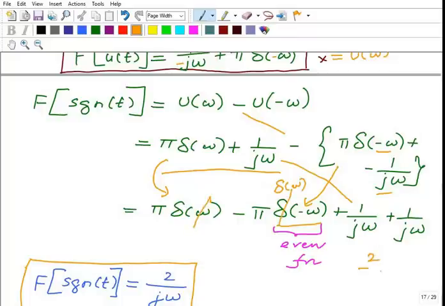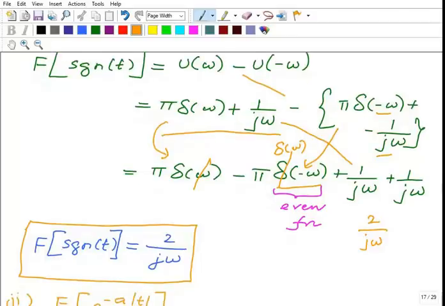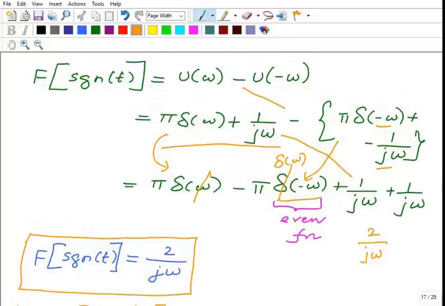These two terms if you add, you will get 2 over j omega. So two things you should know. One is the Fourier transform of the unit step. Second one, the time reversal property: if you time reverse, f of minus t, the corresponding change in the frequency domain is f of minus omega, so omega is written as minus omega. Additionally, you are using the linearity property. So the Fourier transform of the sine function is 2 over j omega. Okay.